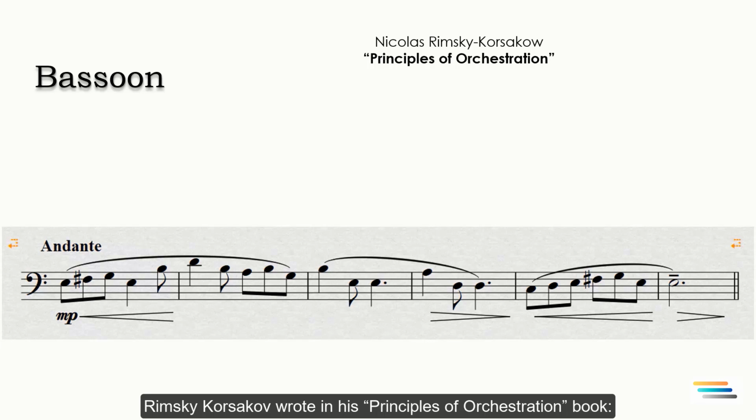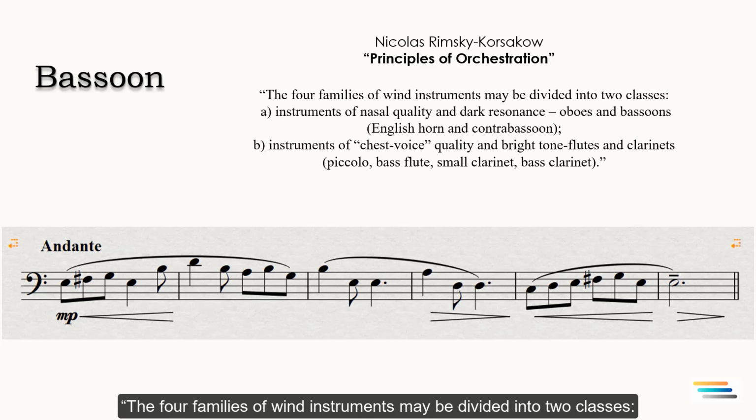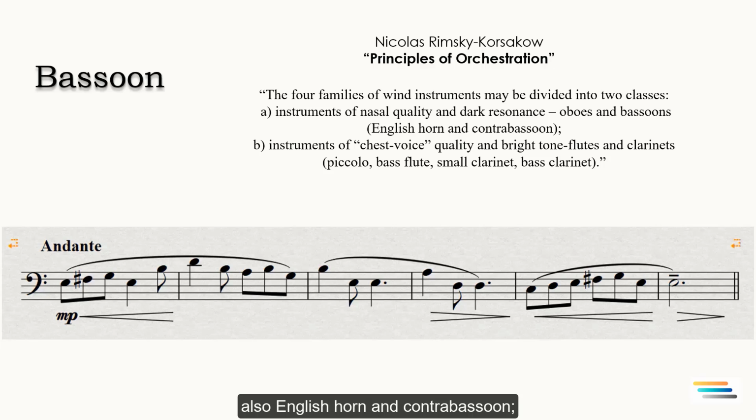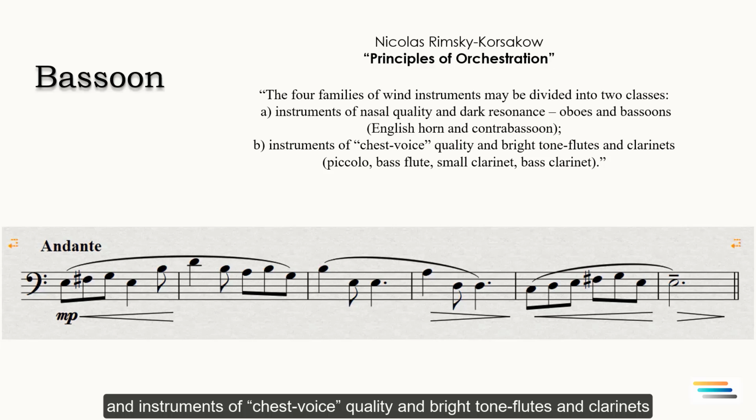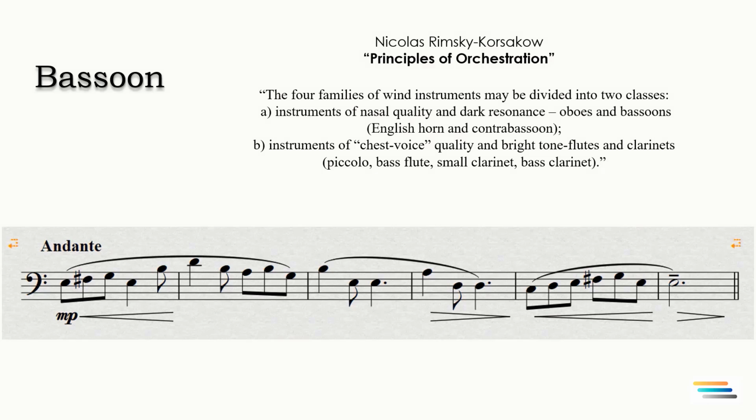Rimsky-Korsakov wrote in his Principles of Orchestration book, the four families of wind instruments may be divided into two classes: instruments of nasal quality and dark resonance, oboes and bassoons, also English horn and contrabassoon, and instruments of chest voice quality and bright tone, flutes and clarinets, also piccolo, bass flute, small clarinet, bass clarinet.